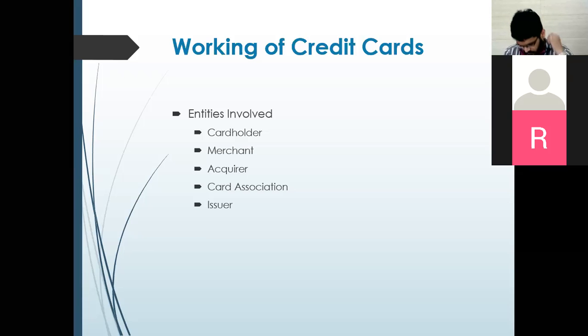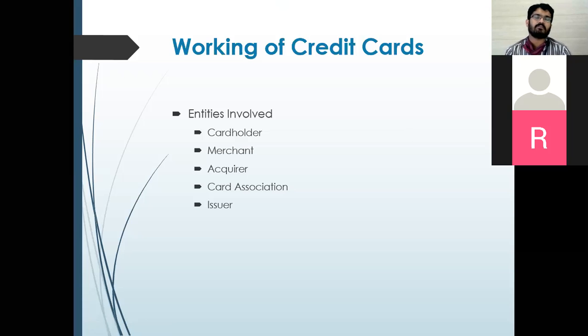For ATM cards, we have a limit, like only in 24 hours we can withdraw 20,000 or 25,000. See, that limit is set by the banks. It depends on the banks. It's not necessarily 20,000 every time; they keep on changing.